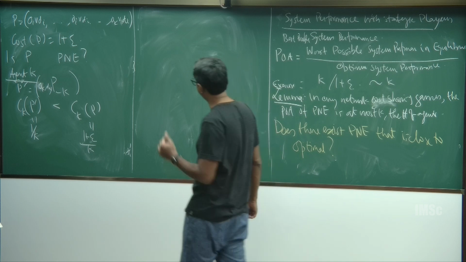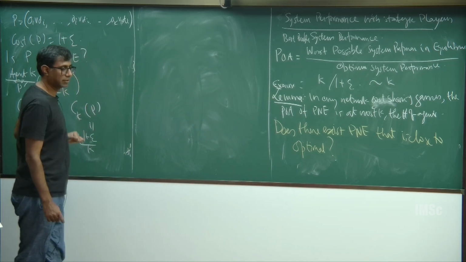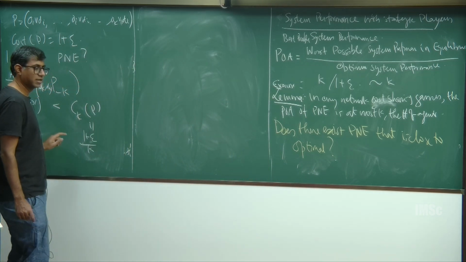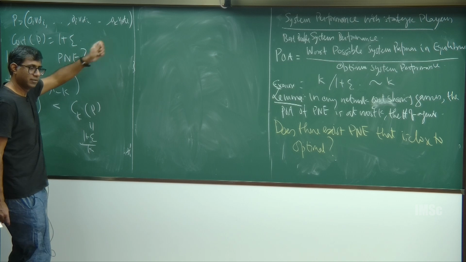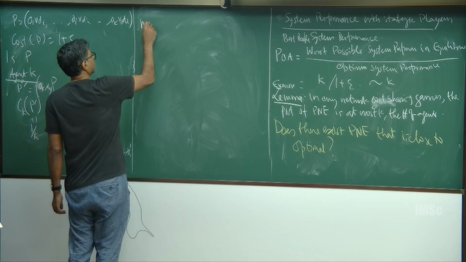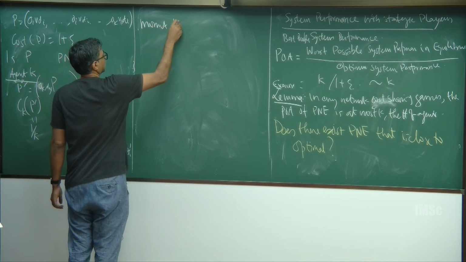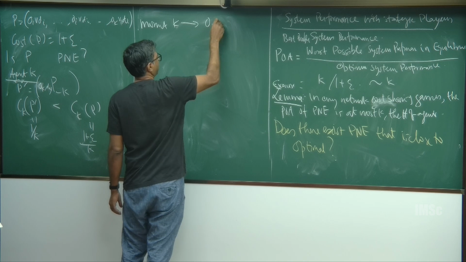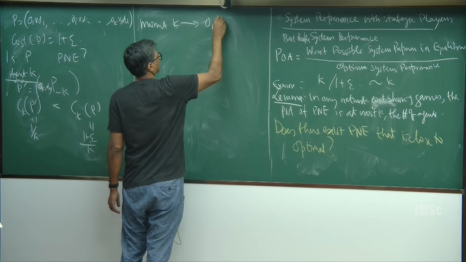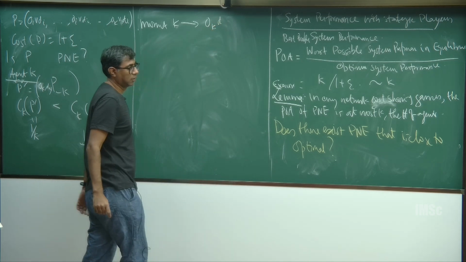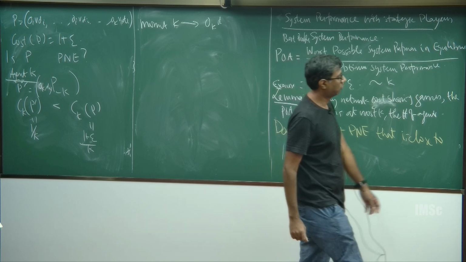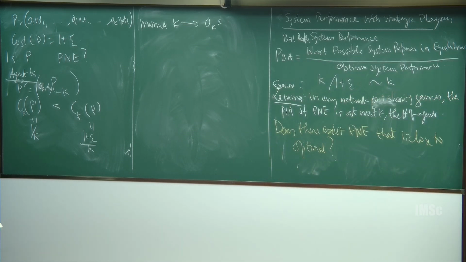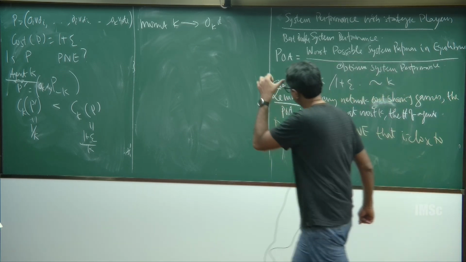Okay, but notice what happens, right. The moment K shifts to OK D, what happens to OI? OK minus 1 now, right.